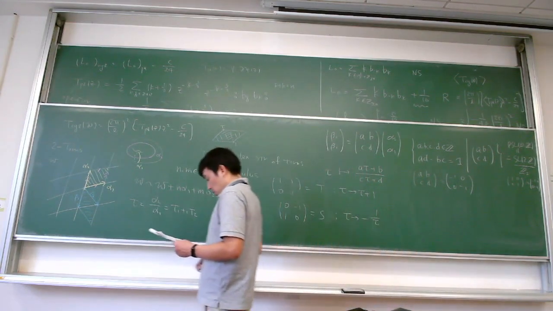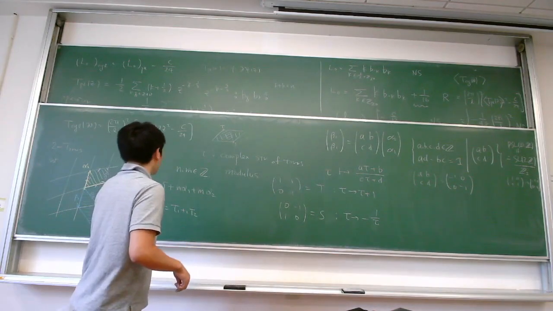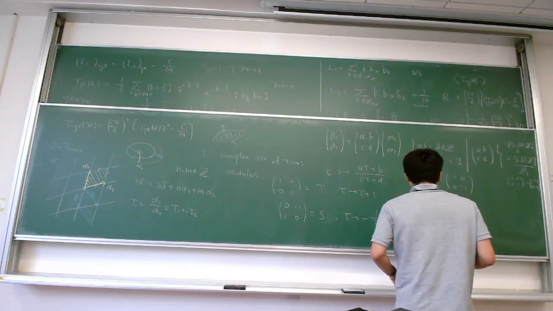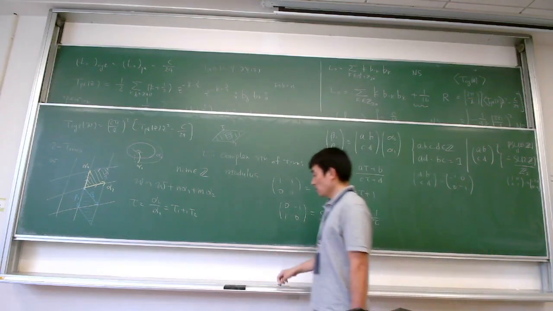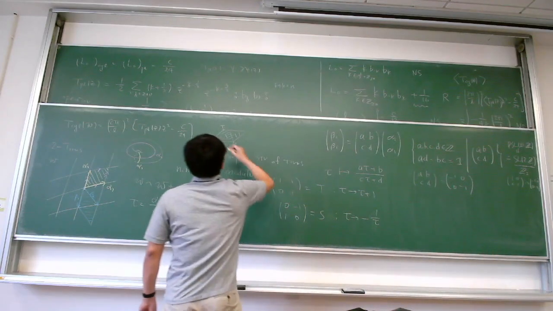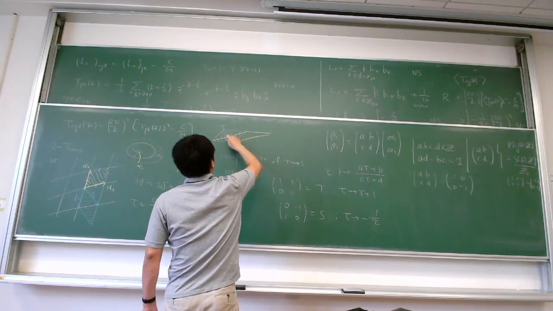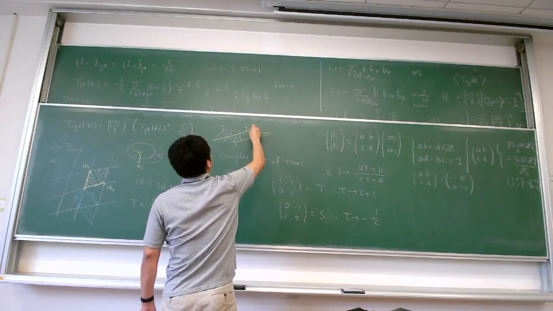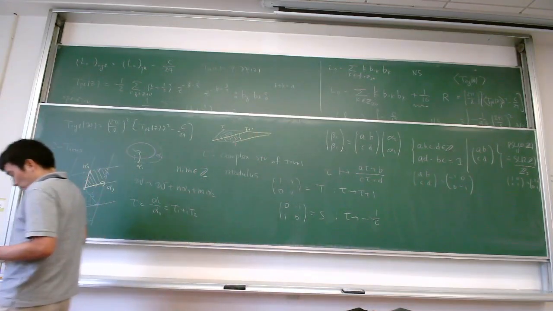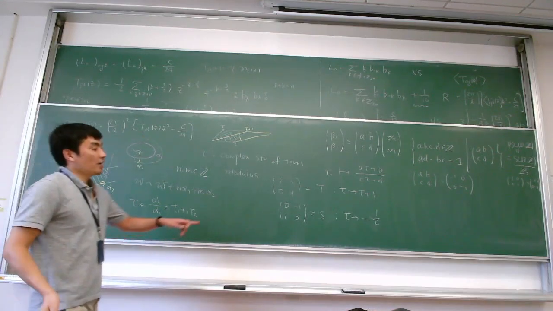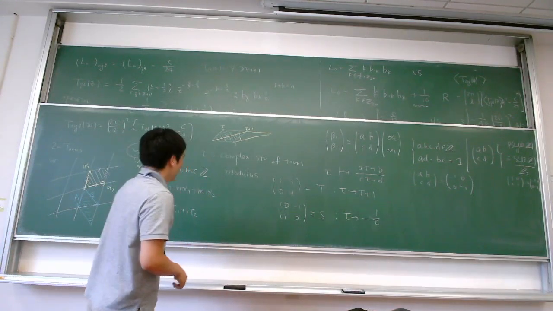In other words, you have a torus like this, and the T transformation is just a move of the lattice this way: tau plus 1. The S transformation is hard to draw, indeed.